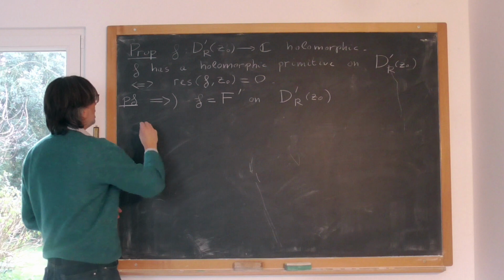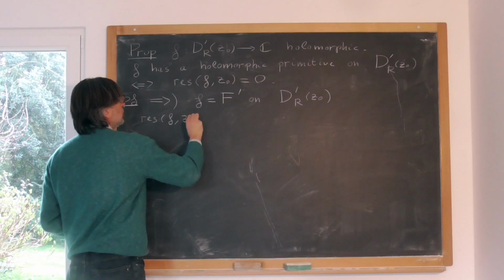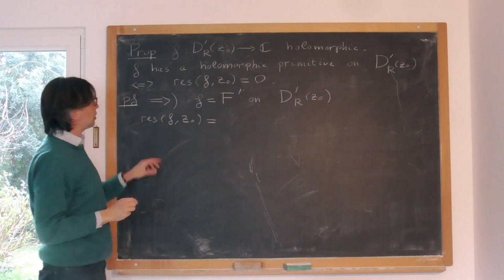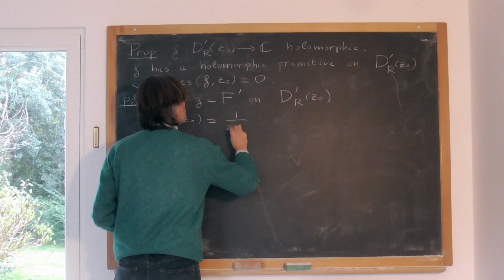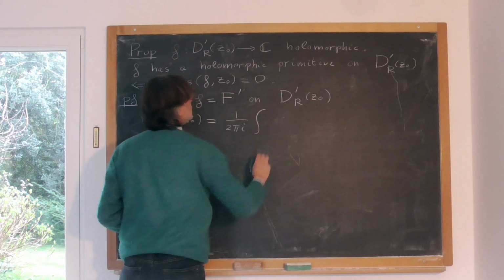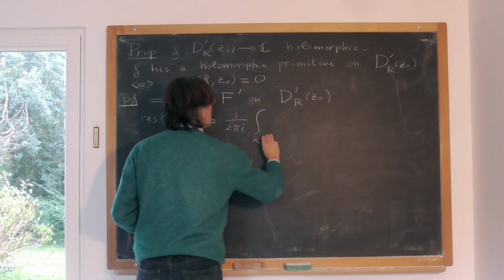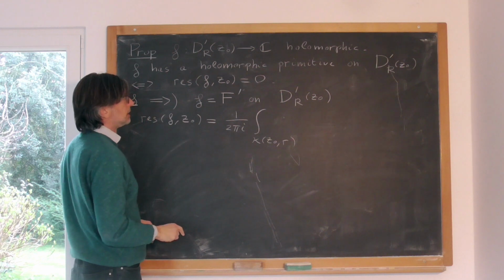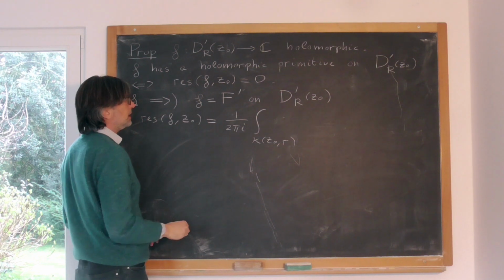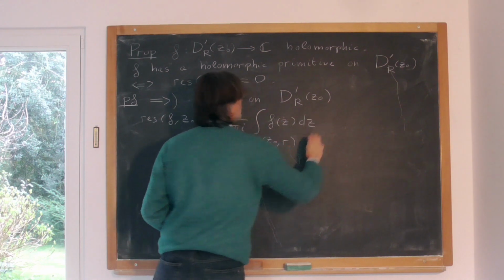Well, then in this case, the residue of f at z naught, so we said one definition of the residue is 1 over 2 pi integral over a circle around z naught, k z naught r, where small r is a positive number smaller than big R, of f of z dz.